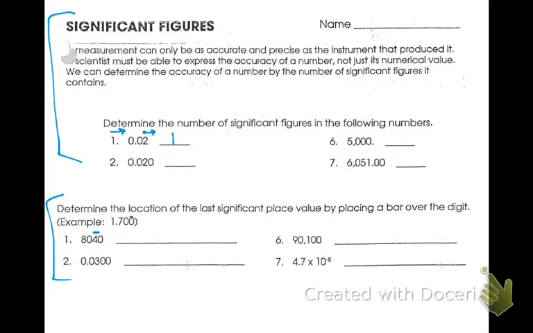Why? Because when we're counting sig figs, the decimal is absent, so we're actually coming from the right side, so the significant portion of that number happens to be 804, so the 4 should have the bar over it. Okay? So just be careful, take that into account, and then when you're done, we can go over this worksheet.